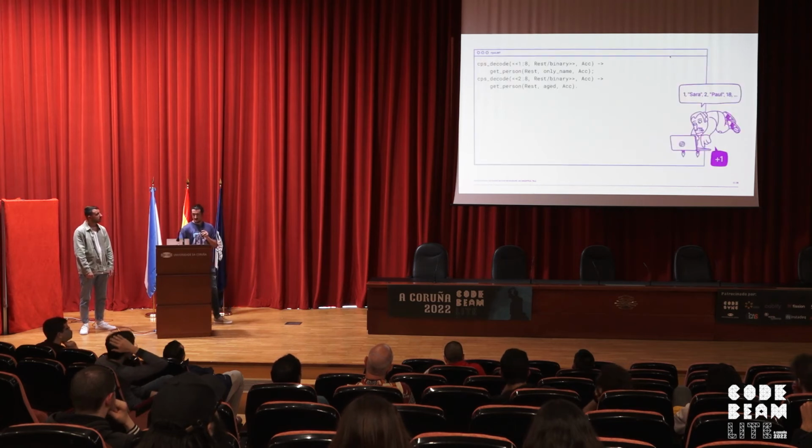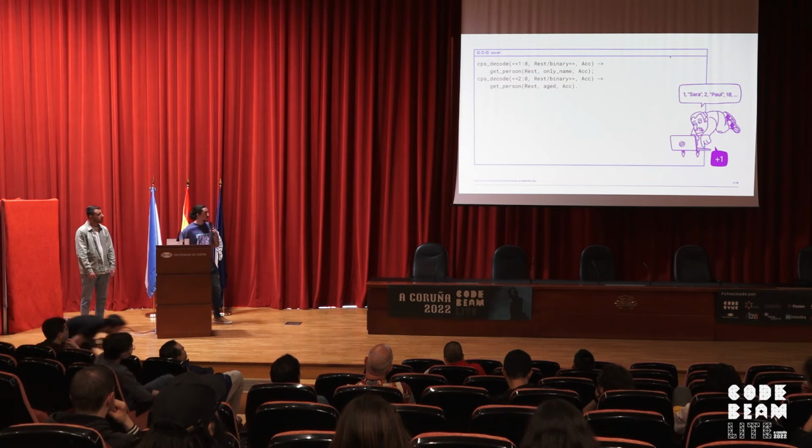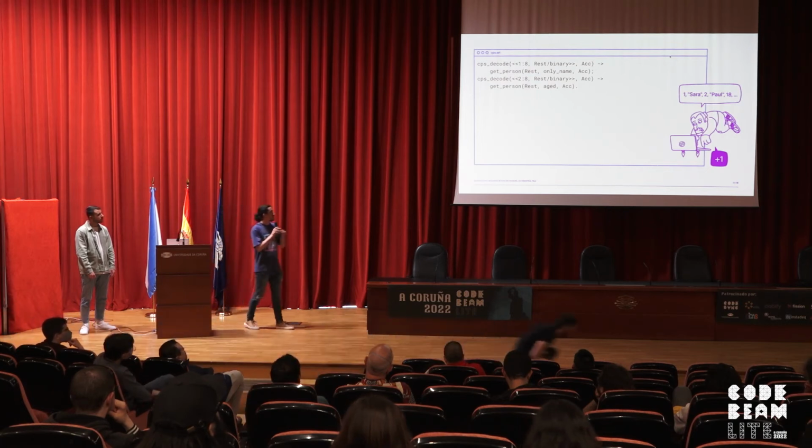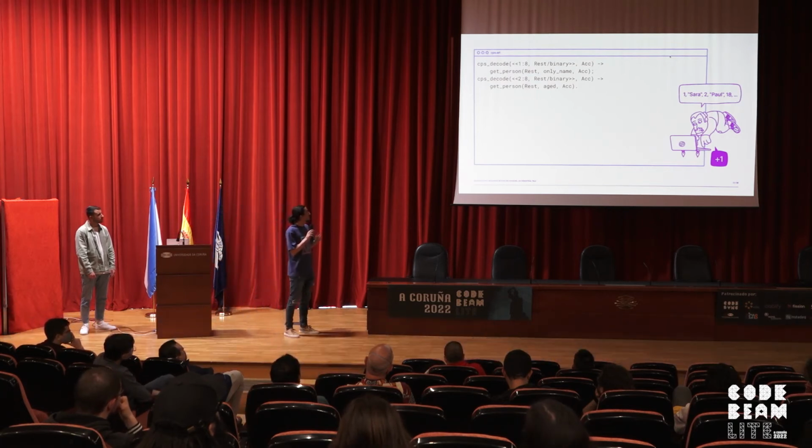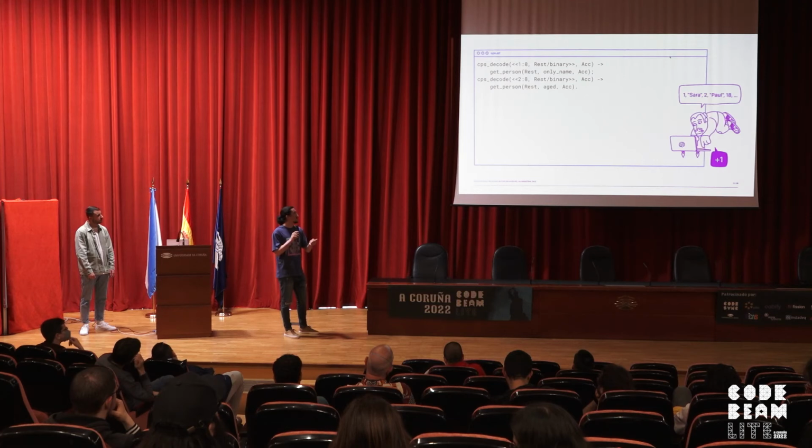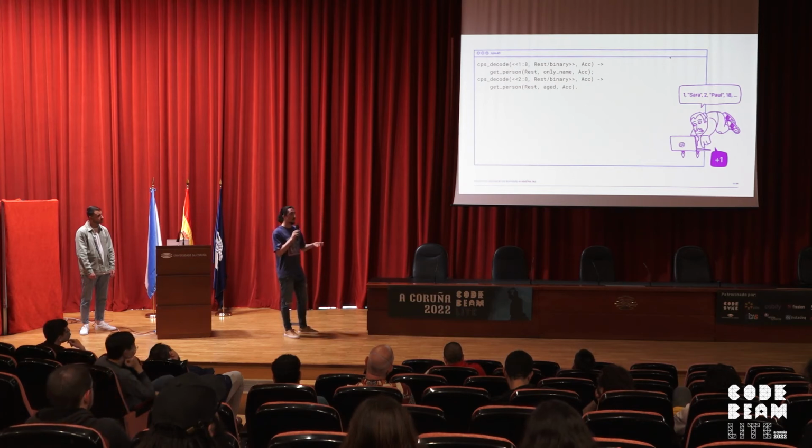So let me again show an example of the decoding function for the use case we had before, but using CPS. As you can see, the CPS decode function does not call getPerson and expect that function to return so it can do something with the return value, but just calls getPerson, making explicit that if we have a 1 for a particular person, the program flow should follow in a manner that we only take the name from the binary.